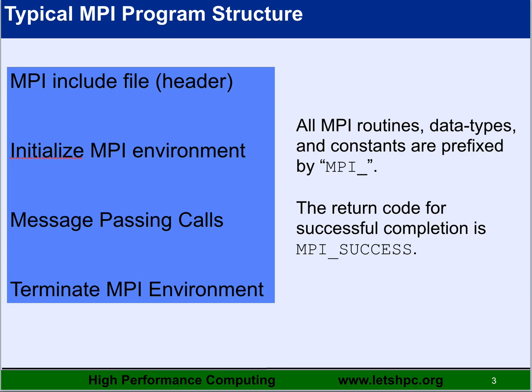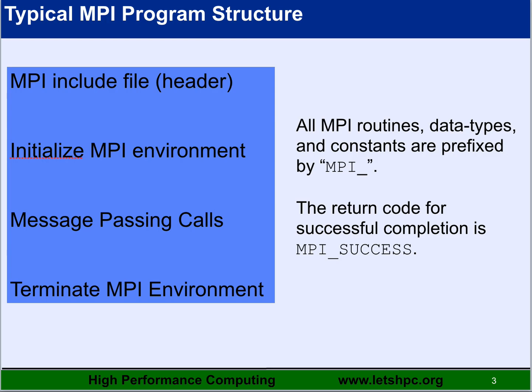So this is how a typical MPI program structure looks like. You can say that there are four important parts. The first requirement is that you have to include some of the header files so that you can call those message passing subroutines, and all the data types and constants associated with MPI can be used in your program.